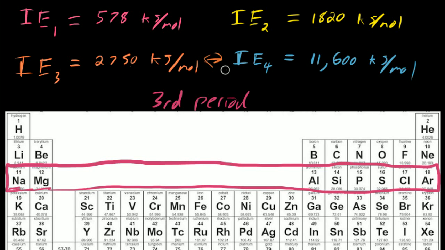We saw a jump of almost 10,000 kilojoules per mole. That's way more than any of these other successive jumps. It kept on getting harder and harder to remove an electron, but between the third electron and the fourth electron, it got really, really hard.